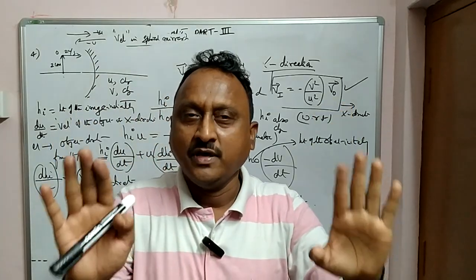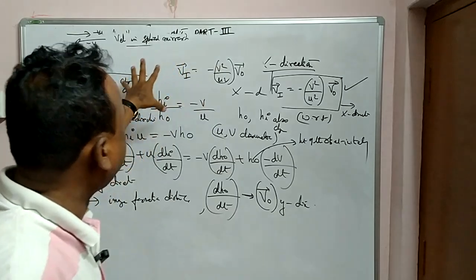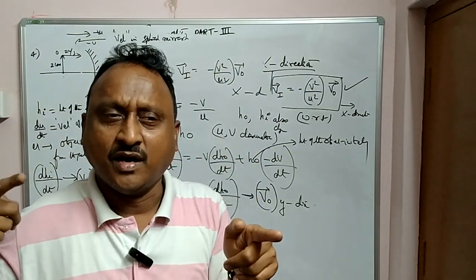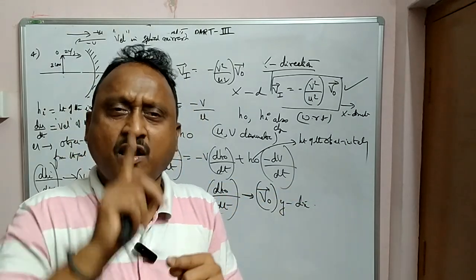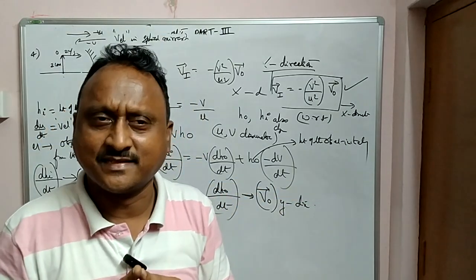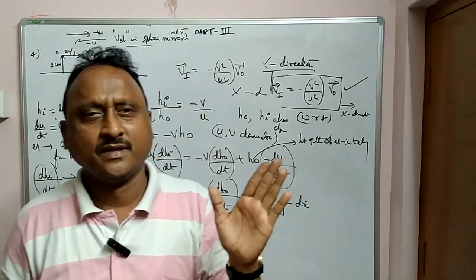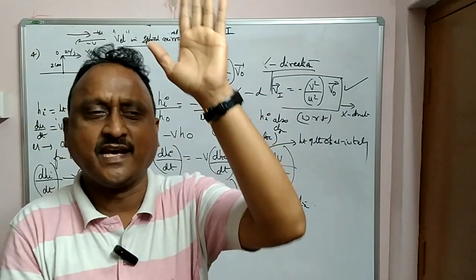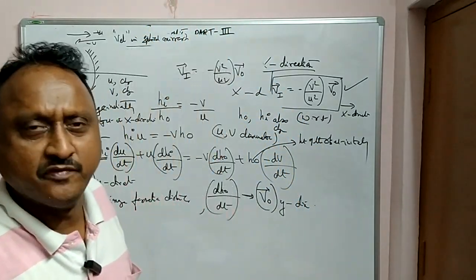Clear? So in the combination of mirrors, there are these different 4 cases of velocity in spherical mirrors. First case, the object moving parallel to the principal axis. Second case, the object moving perpendicular to the principal axis. Third case, the object moving at an angle theta, so x direction and y direction, with u and v changing, and the height of the object and height of the image also changing, using the uv derivative.